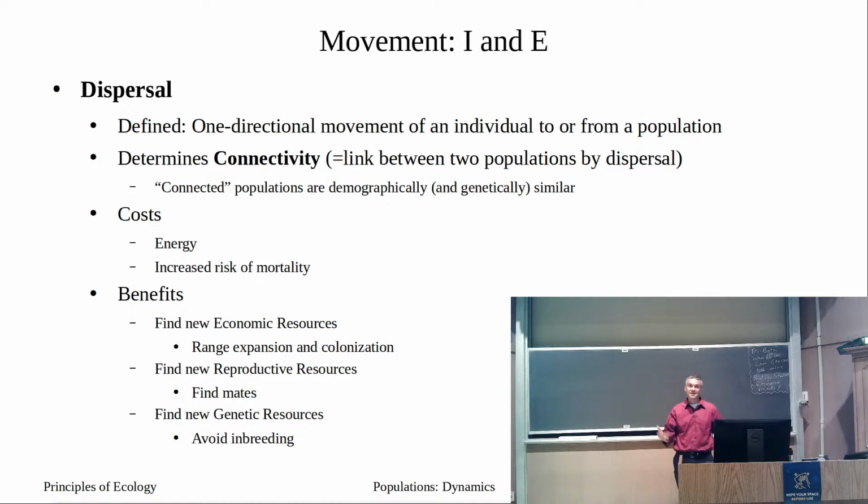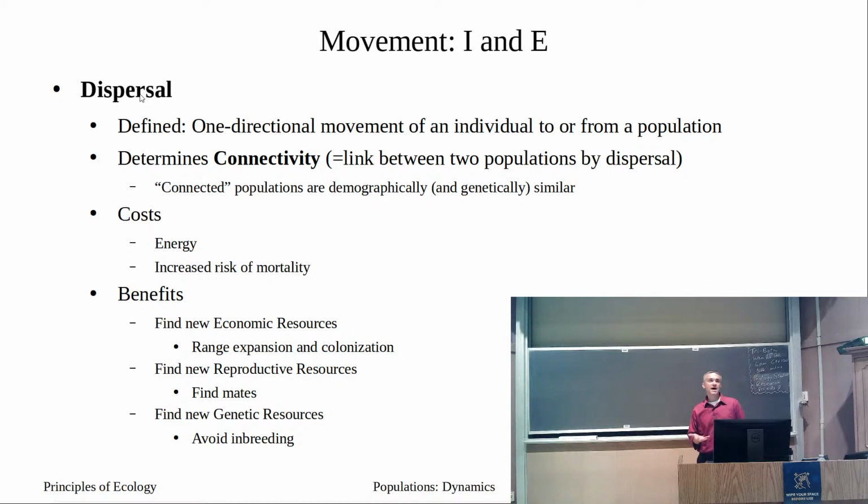So if we have highly connected populations, they're genetically similar, which means our FST values are going to be low. So the FST values give us an idea of this connectedness, or at least an idea about how much dispersal is actually happening in our populations.